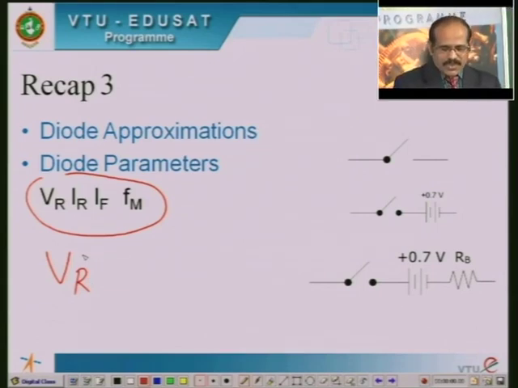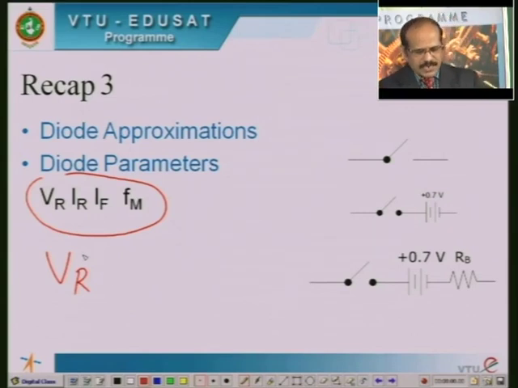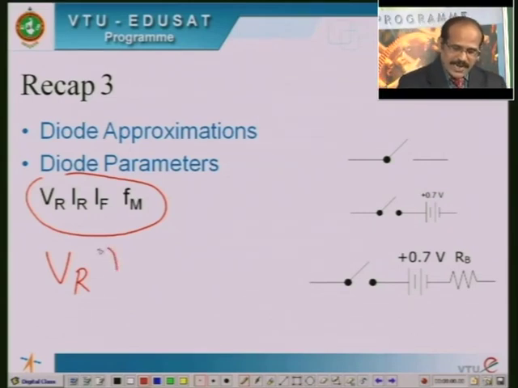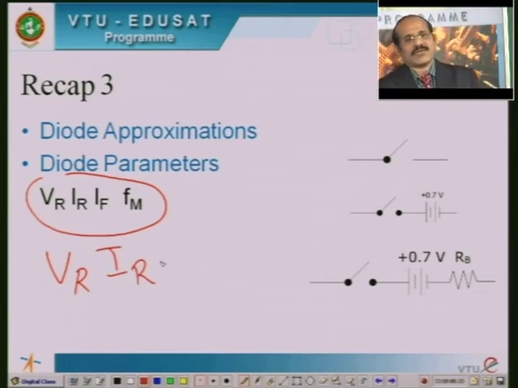Therefore, VR is defined as the maximum value of reverse voltage that can be applied across the semiconductor device. The second parameter is IR, the maximum allowable reverse current that can flow through the device when the device is reverse bias.